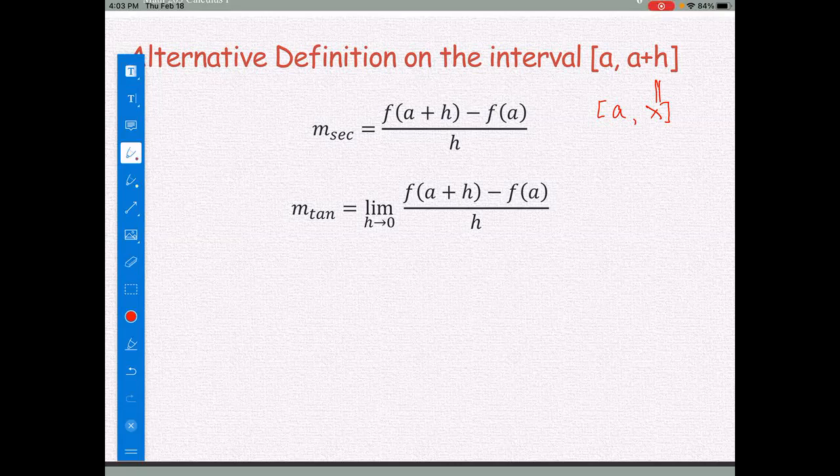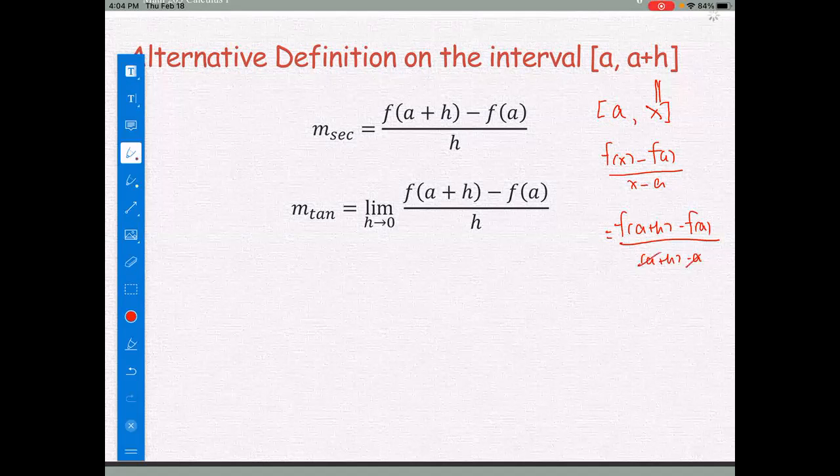So from the slope, f of x minus f of a divided by x minus a, replace x with a plus h, so it becomes f of a plus h minus f of a divided by a plus h minus a. The a and a cancel. That gives you the alternative formula as f of a plus h minus f of a divided by h.